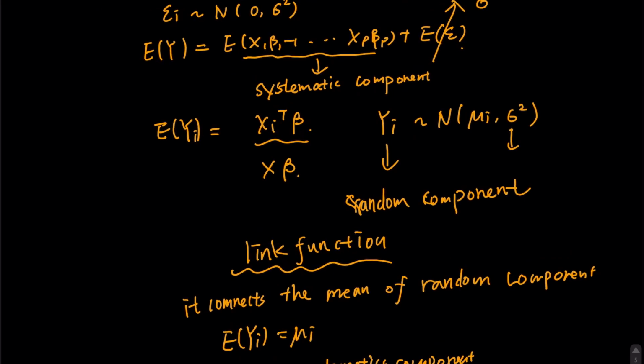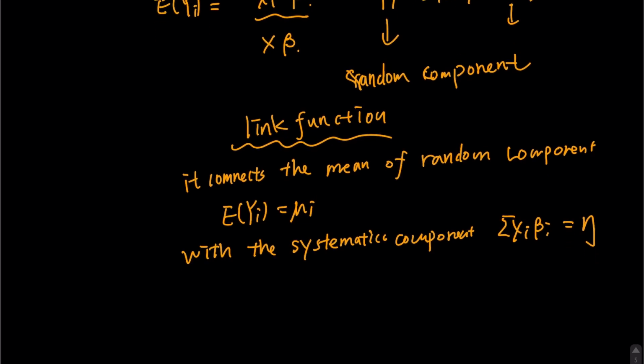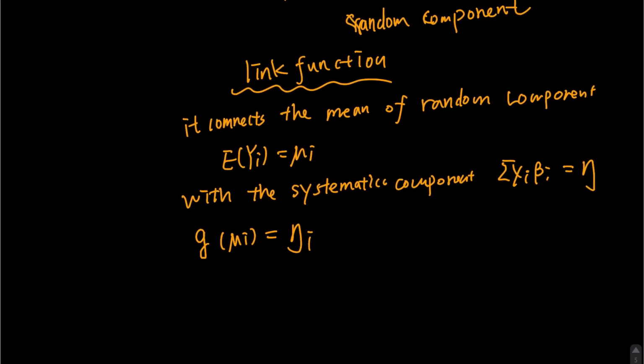So we can write it as xi beta. Let's use this eta to denote the systematic component. So for the link function, usually we use g. g of mu i is equal to eta i. That's how we connect the systematic component with the random component.